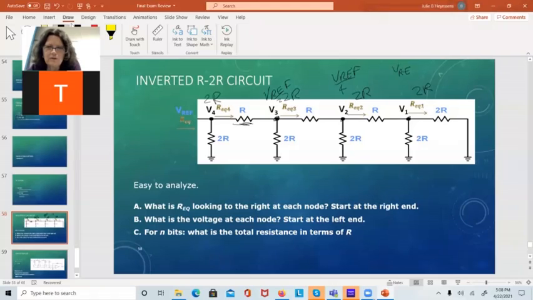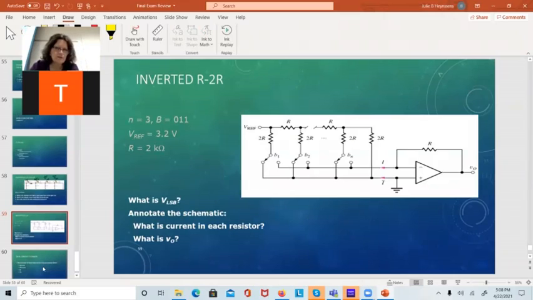We can use this network to build a DAC. Remember this result. When I get to this circuit right here, let's just do a 3-bit one. N equals 3. Now, when I look at that ladder network, this is an R2R network.